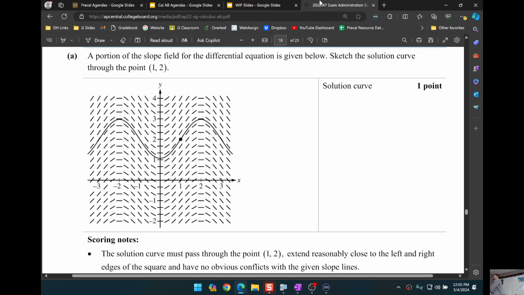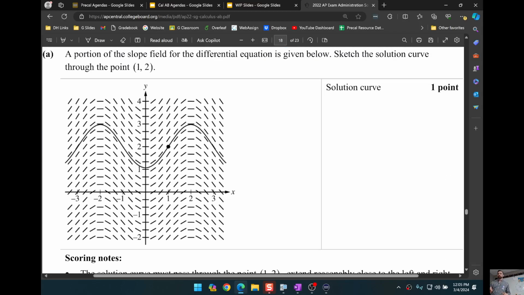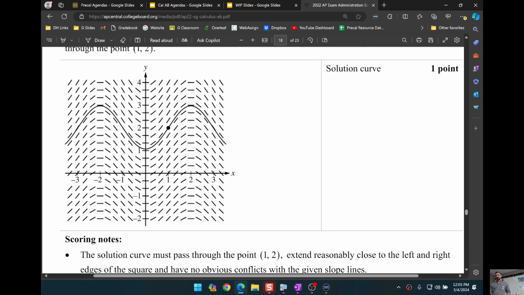Okay, part A was a slope-field question, and so you got 1 point if your solution curve looks like this or close to it. In the scoring notes, it says extends reasonably close to the left and right edges with no obvious conflicts, so they scored that pretty fairly.